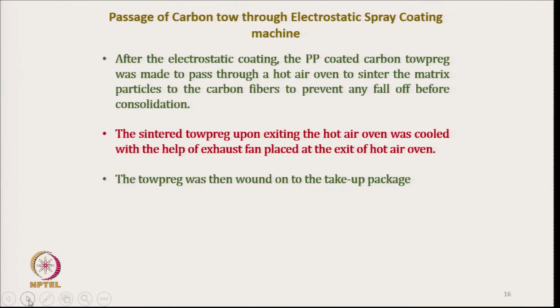After electrostatic coating, the PP coated carbon tow preg was made to pass through the hot air oven, as I have already mentioned. The sintered tow preg upon exiting the hot air oven was cooled with the help of an exhaust fan placed at the exit of the hot air oven.